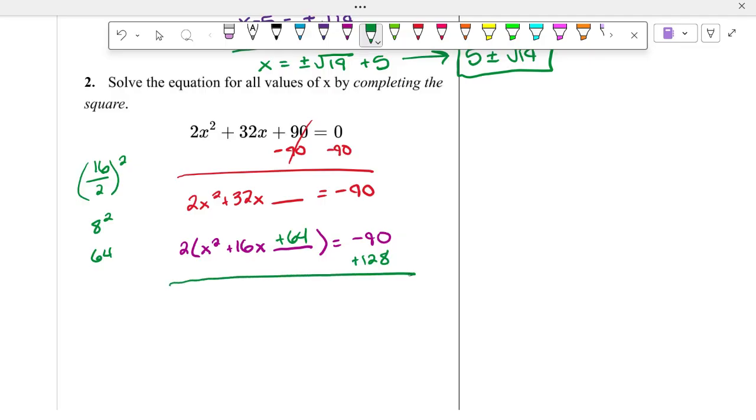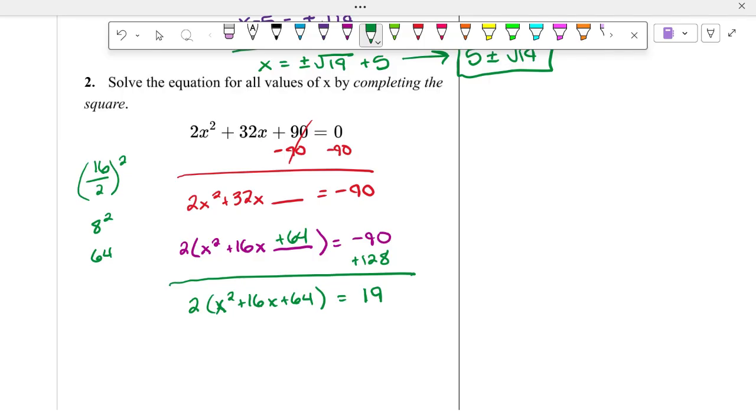All right. So this will be 2 times x squared plus 16x plus 64 is equal to 18. Correct me if I'm wrong. It's 19? Okay. You sure it's 19? Negative 90 plus 128.